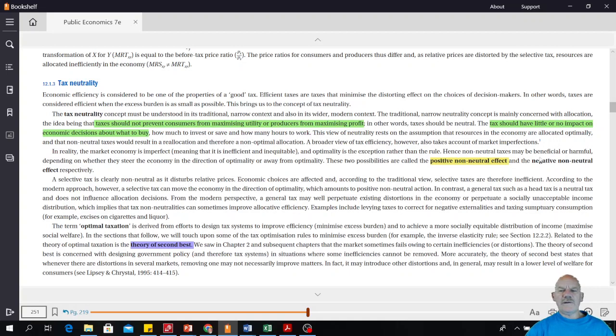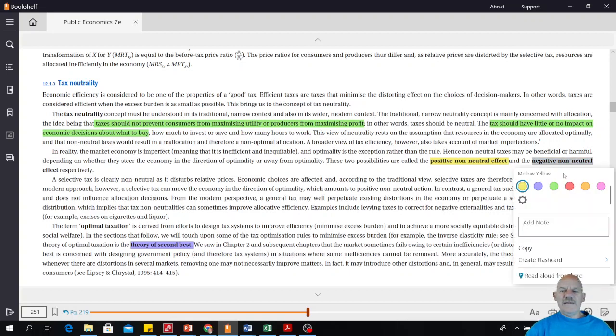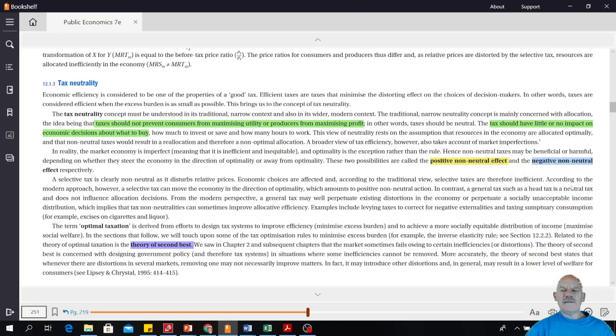Or if we move even further away from a non-neutral position and it becomes worse, then that's a negative non-neutral, let's make that red, a negative non-neutral movement. So read about tax neutrality.